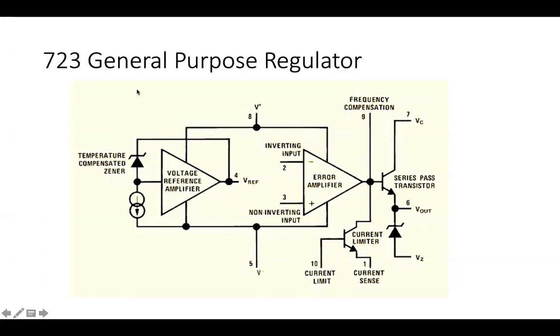We have now 723. This question can be asked specifically: write a short note on the 723 general purpose regulator. So this is the circuit here, just have a look at it.